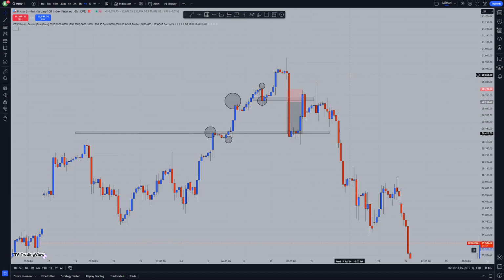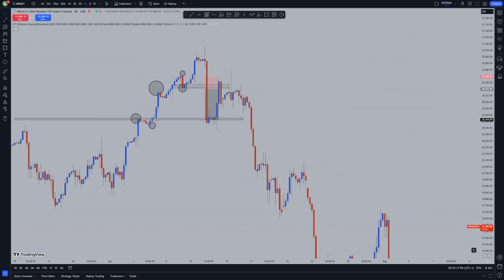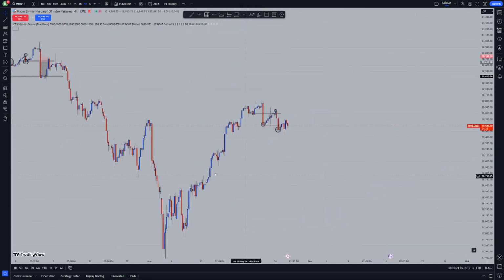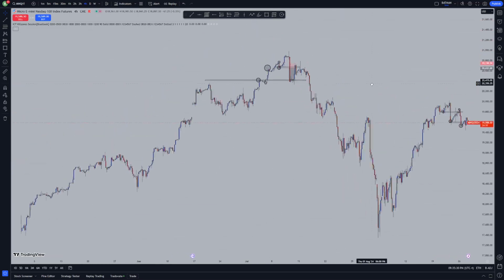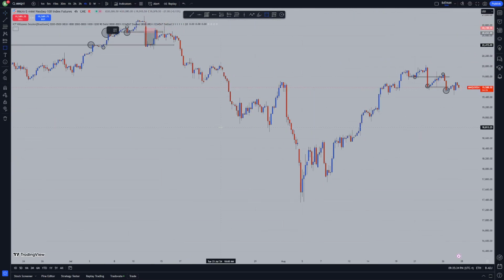All right, that's pretty much how you can use support and resistance. But if you want to scalp, that's completely the same thing. But we're gonna be using 5 minutes and 15 minutes, right? So support and resistance is just, can you get as many touch points of the higher highs and higher lows?